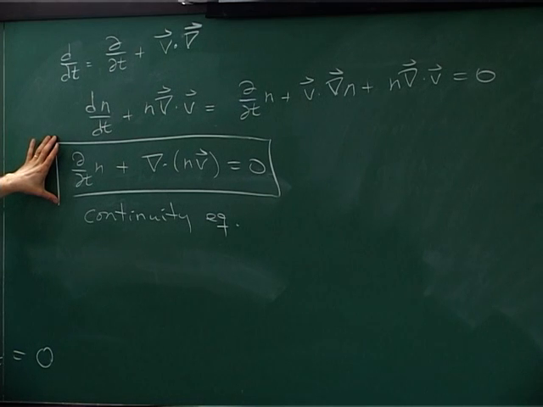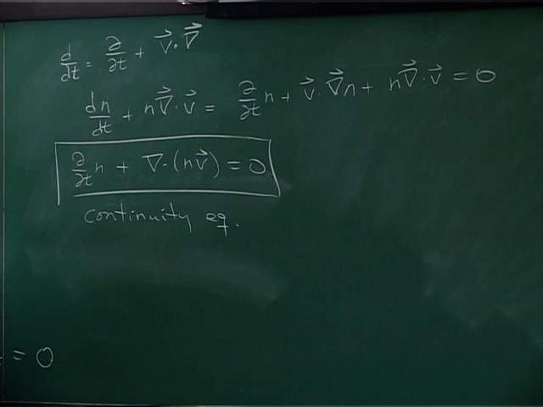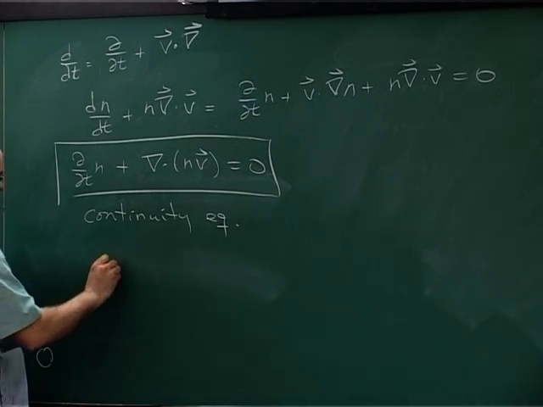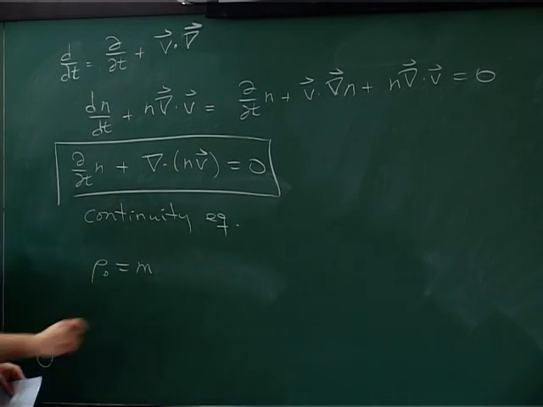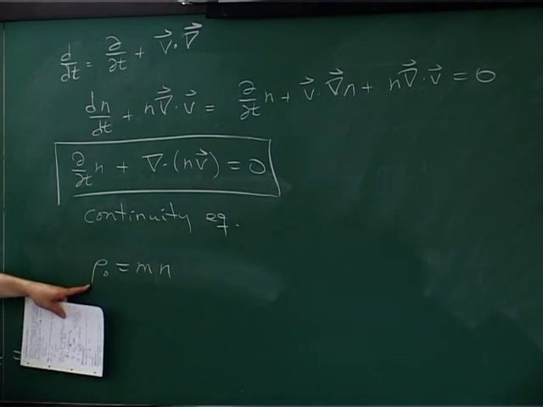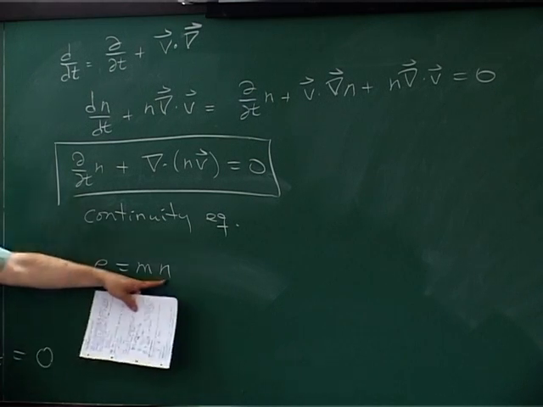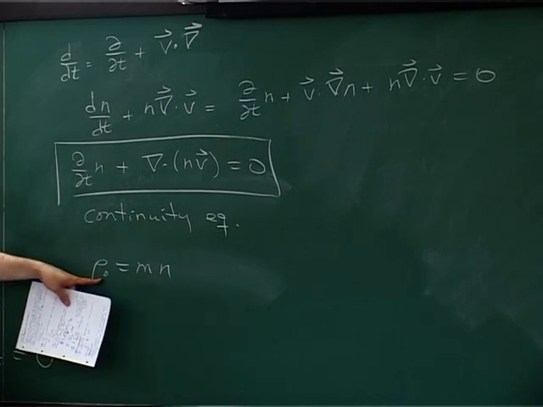If I go to relativity now, the only thing I need to worry about is the fact that the volume gets modified by the Lorentz factor. And so I'm going to make two changes here. First of all, I'm going to assume that all these particles have the same mass, so that there's this interesting simple relationship between number density and mass density.